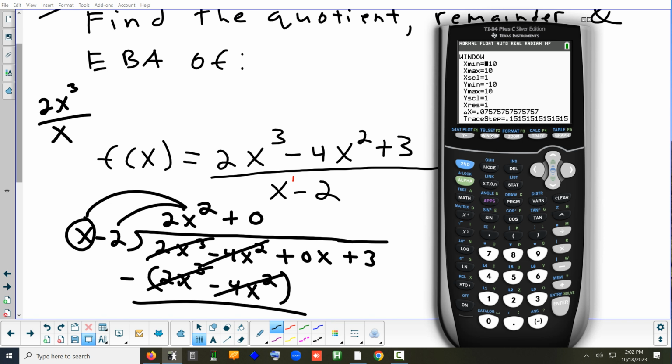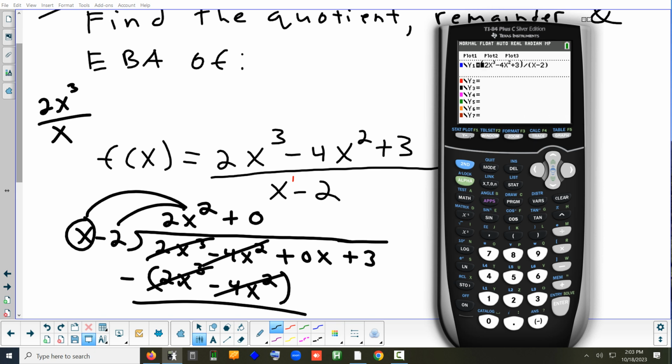Okay. I just know what's going to happen here. I need to set my y max higher. Let's try 30. I don't remember if that's high enough, but let's see.